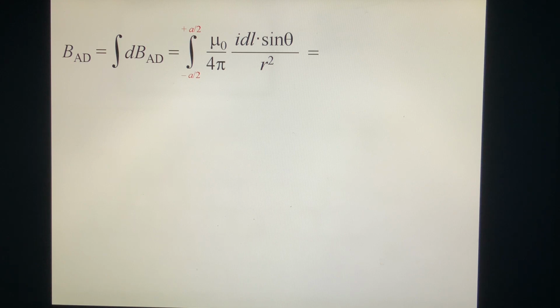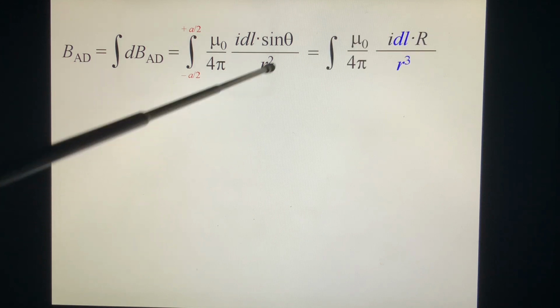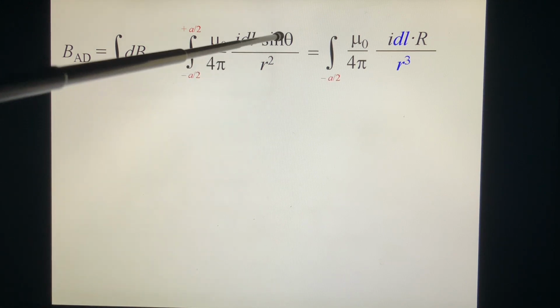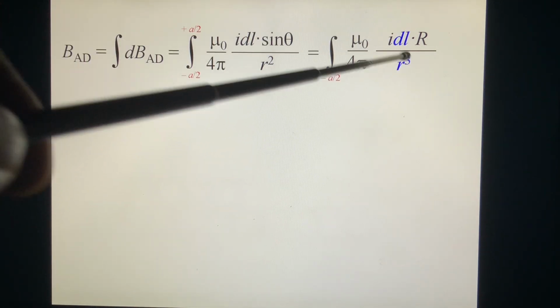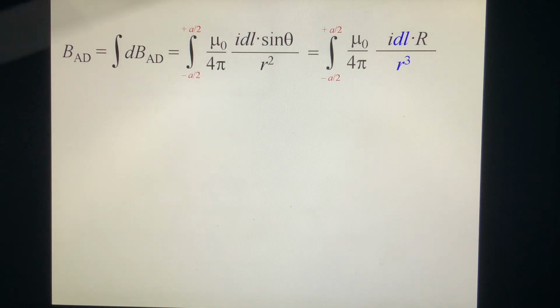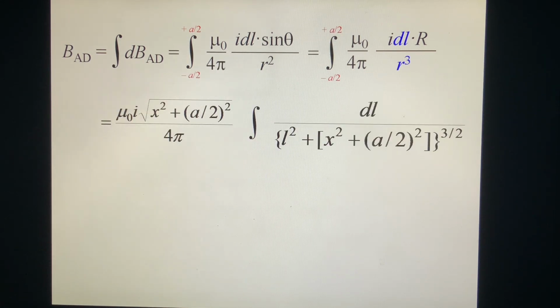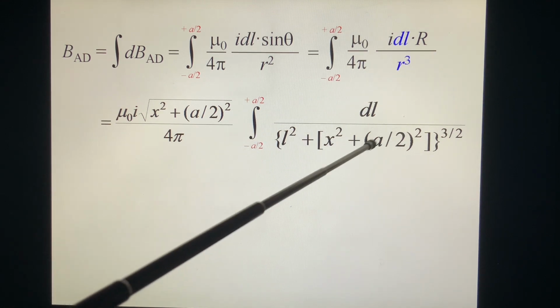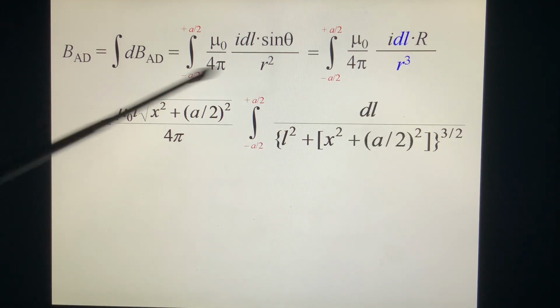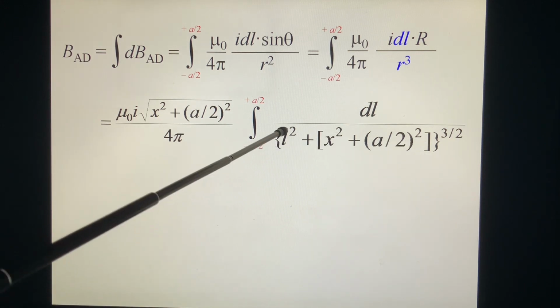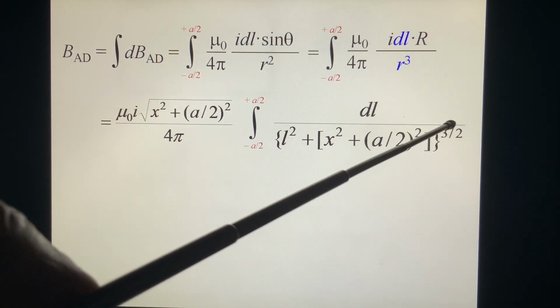Then what is left over is mathematics. We put everything inside, with sine theta in terms of R and r, and we get an integration that looks like this, from minus half A to half A. It looks complicated, but actually it's not. It looks like dl over l squared plus R squared to the 3/2.